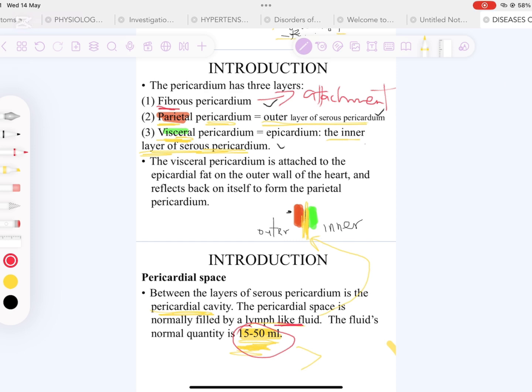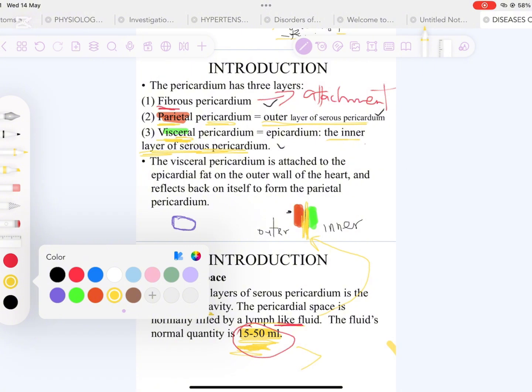The visceral pericardium is attached to the epicardial fat on the outer wall of the heart and reflects back on itself to form the parietal. Let's say that onion, the purple thing that covers the onion. I'm just going to draw an onion here. The purple skin of the onion, let's call it the pericardial fat.